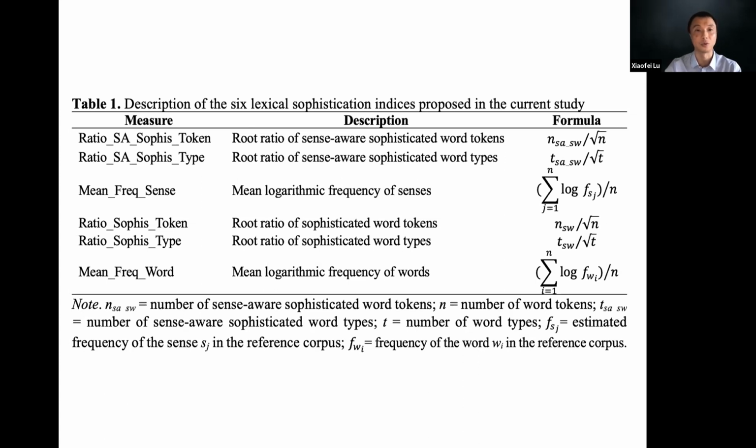We have two versions. One is just a frequency-based measure. The other is frequency-based, but also looks at sense-aware sophisticated words. This allows us to do direct comparisons of whether, once you add in this sense sophistication, you see improvement over a straightforward frequency-based measure.